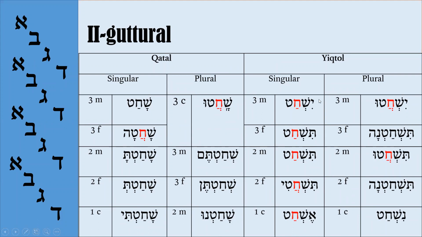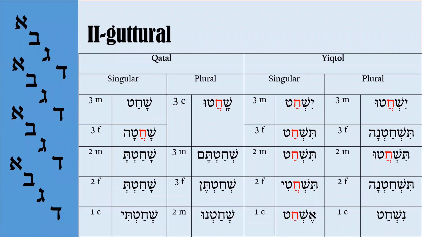It is very clear. And in the yiktol conjugation, we have sheva under the second letter in the second masculine plural and third masculine plural, and it is also the same picture.